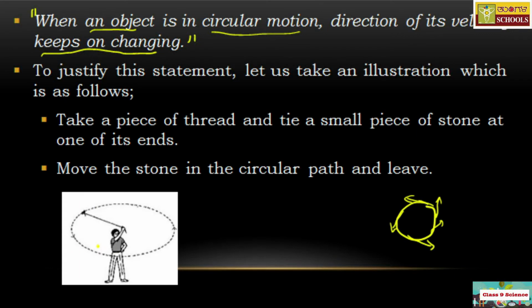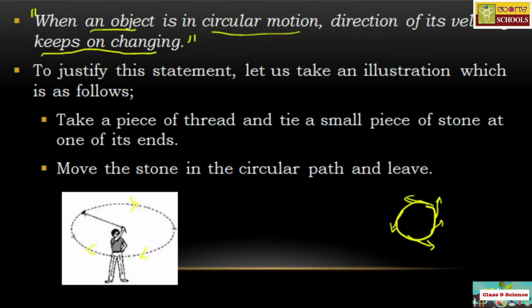So assuming this boy tied a thread with a stone and he starts moving it in a circular path like this, this stone is changing its direction all the time.